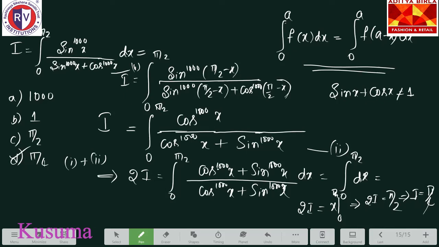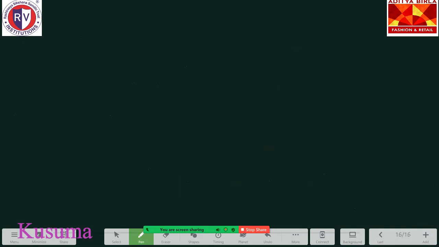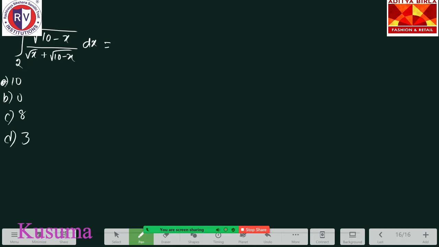Okay. So the next question, number 50. Integration from 2 to 8 of root of 10 minus x divided by root x plus root of 10 minus x into dx is equal to: option A 10, option B 0, option C 8, and option D is 3.